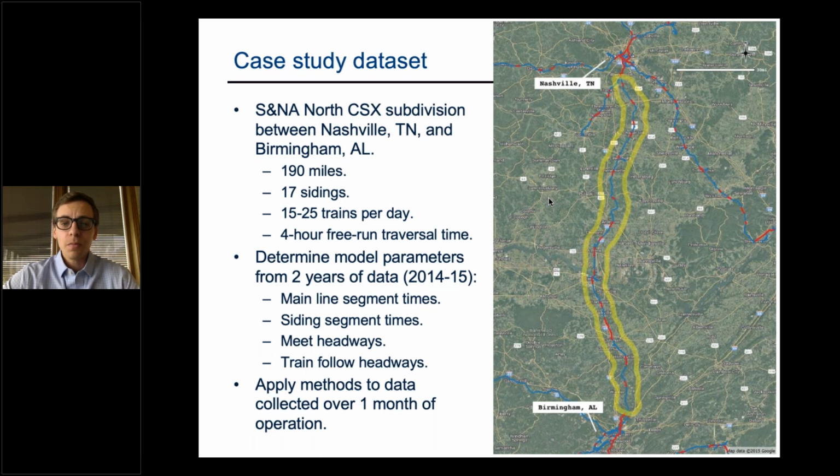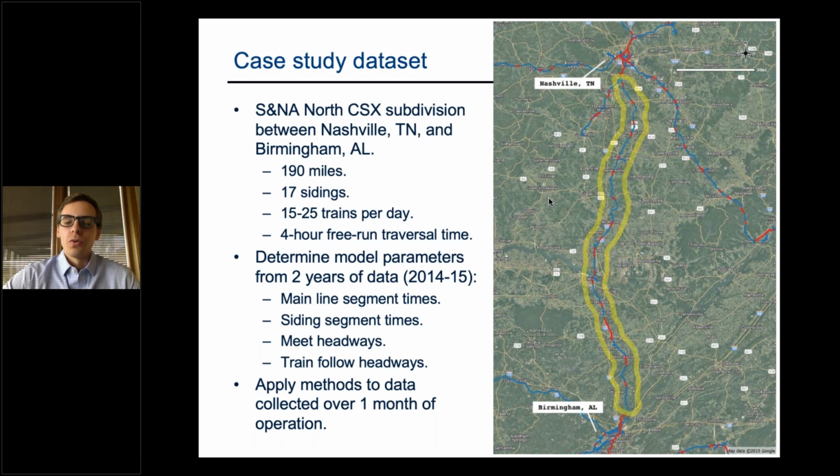And its free run traversal time is quite modest, 4 hours. That lower bound traversal time is rarely realized because of the complexity of operations on this section, but it certainly is possible.